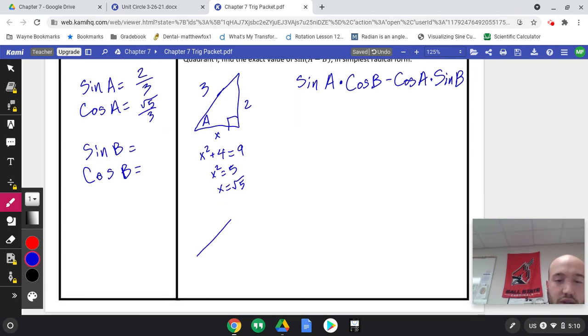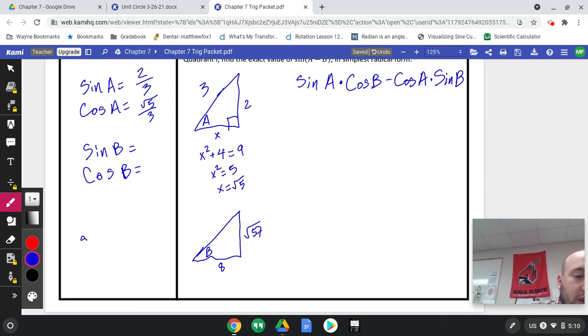They gave us the tangent. So that doesn't really help us. It doesn't fill in either of these already, but we can figure them out because if that's angle B, TOA, so we know it is square root of 57, and this will be 8. So if we square those, 8 squared is 64, square root of 57 squared is just 57.